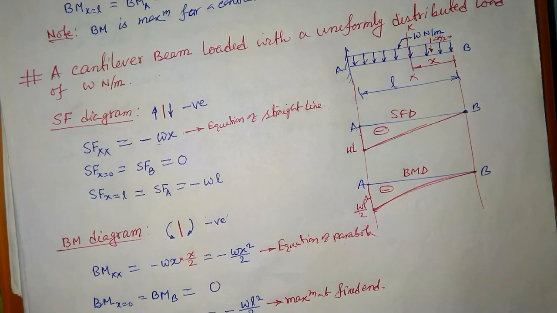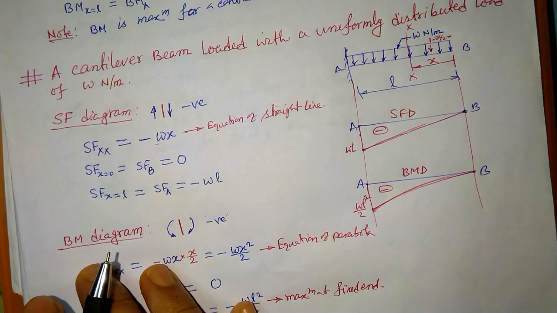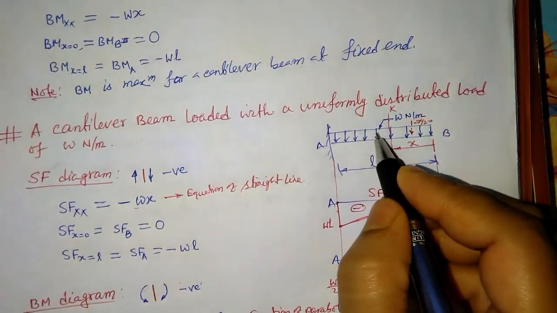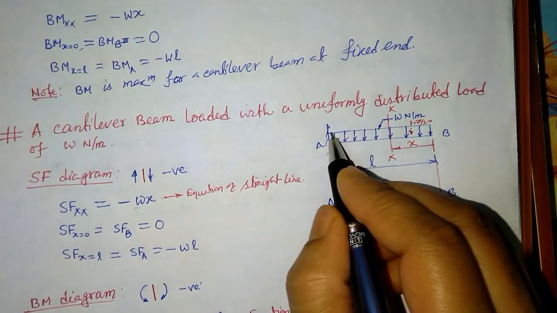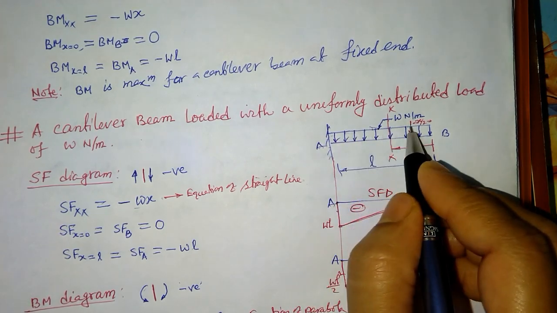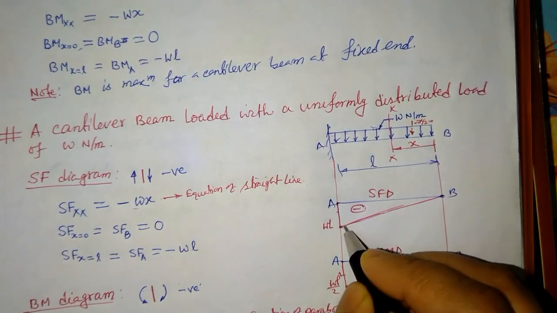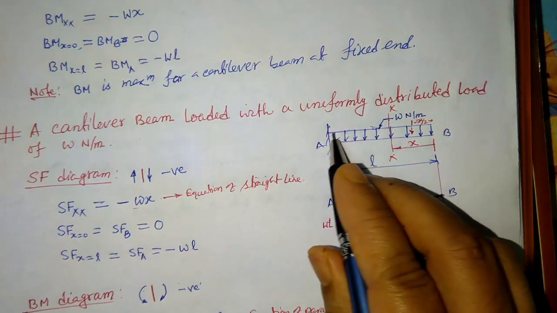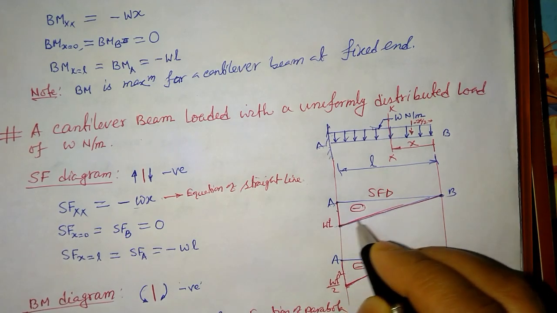Now there is a small observation in this diagram. Let's see, this is our load intensity, and it is varying linearly, meaning a straight line. Now if you see the shear force due to this load, this straight line becomes what we call an inclined line.